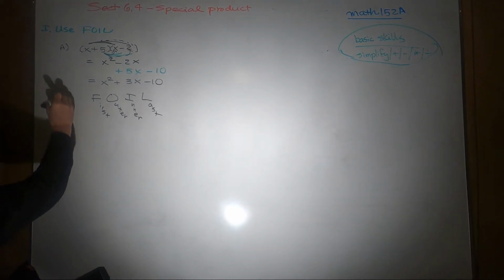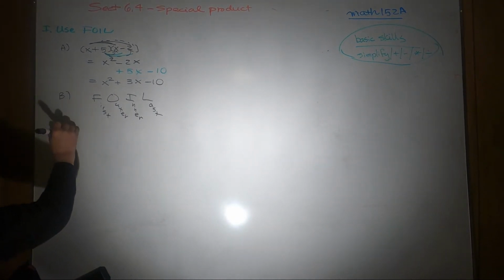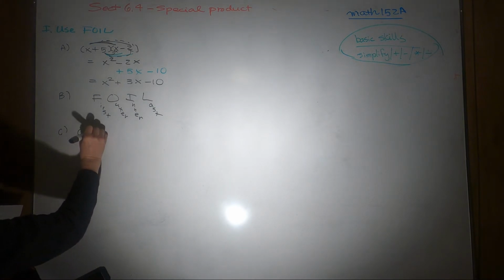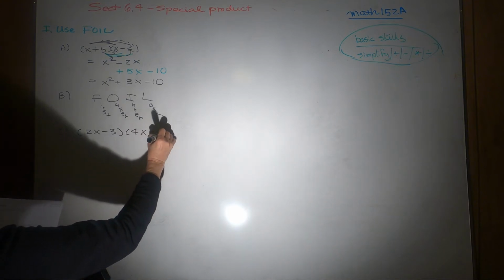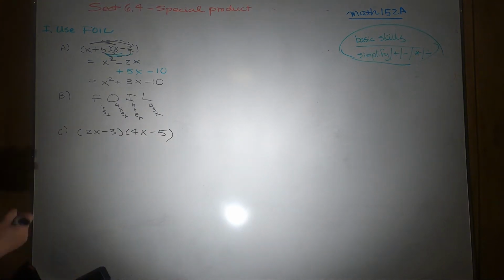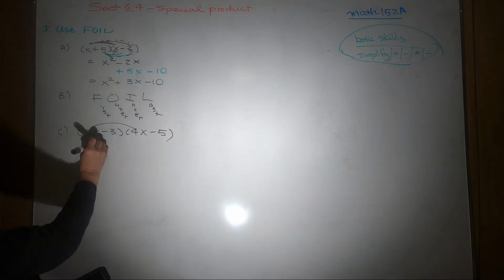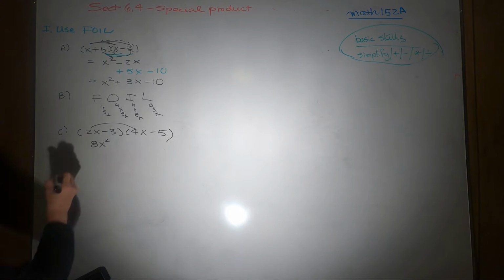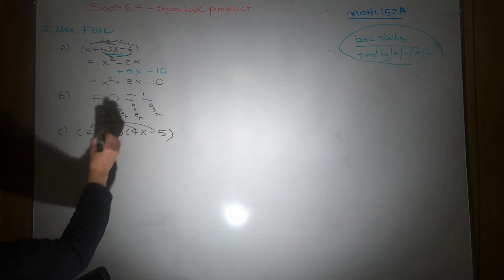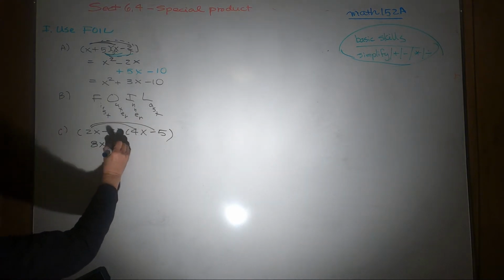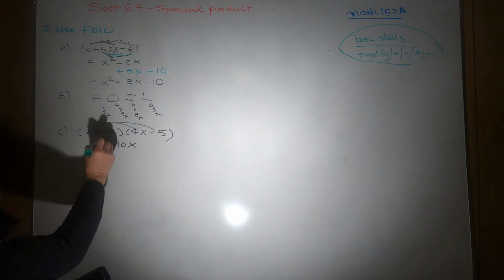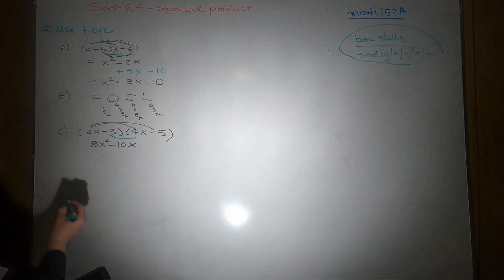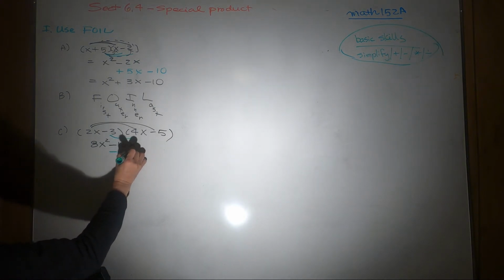All right, and let's see. If we have 2x minus 3 times 4x minus 5, we just practice the FOIL. Okay, 2x times 4x is what? 8x squared, right? 2x times -5 is what? Minus 10x, right? Bottom one, -3 times 4x is what? Minus 12x.